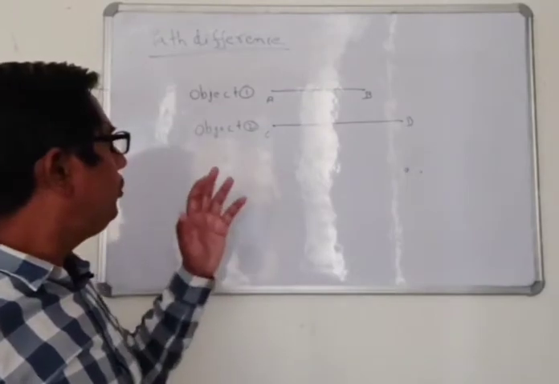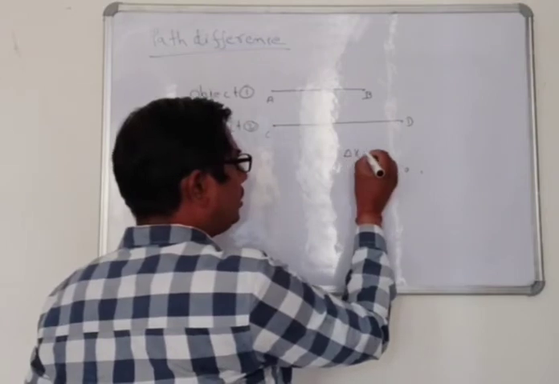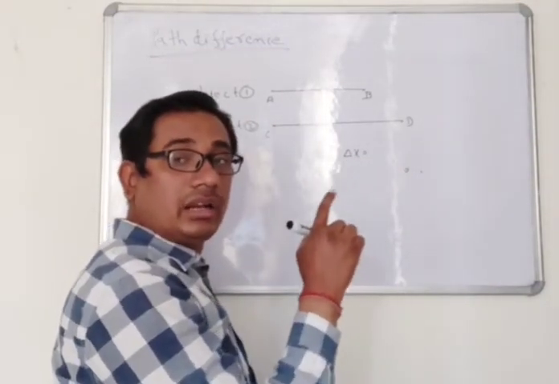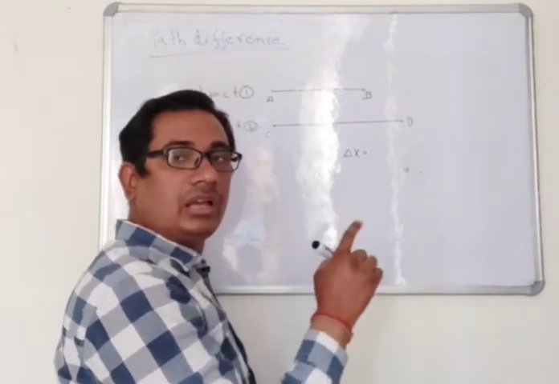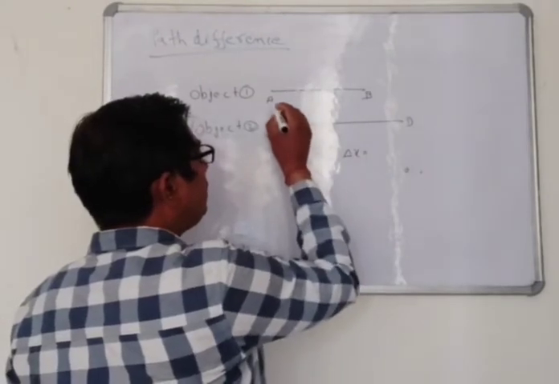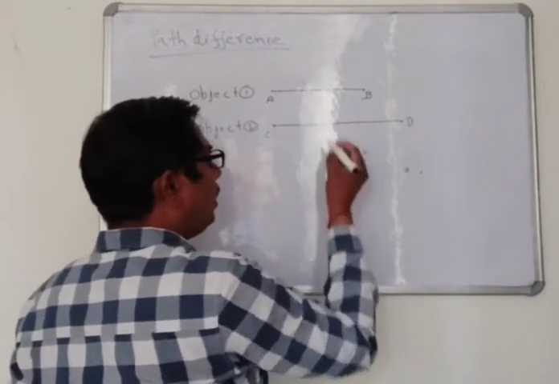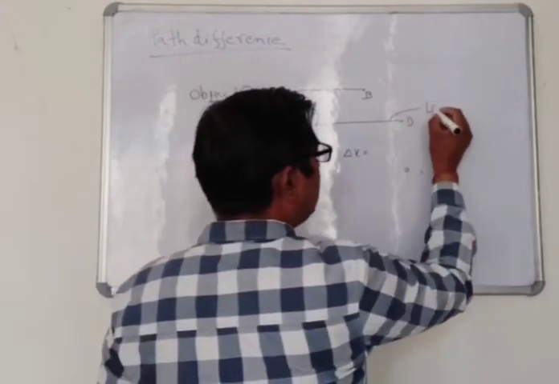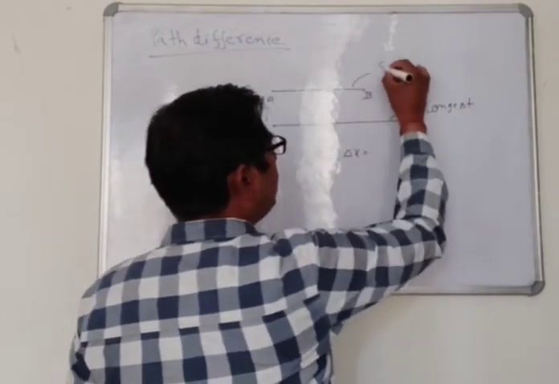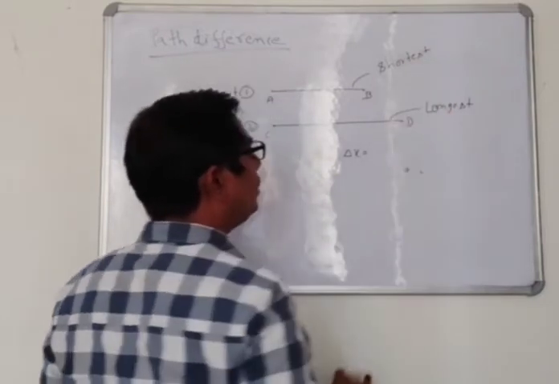Now you can see the path difference is the difference of distance between the two objects. Here the distance is AB for object 1 and the distance CD for object 2. You know very well, this one is the longest path, and this one is the shortest path.